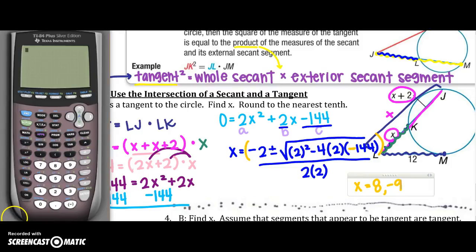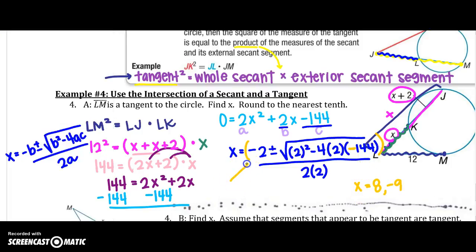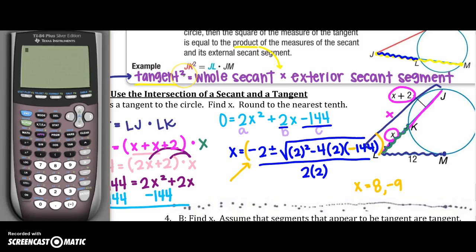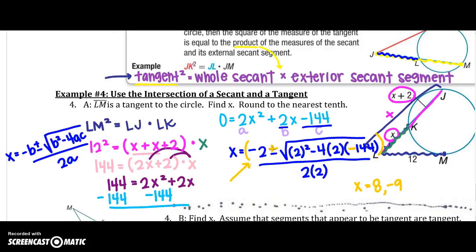Alright, so let's see how I got 8 and negative 9. So I'm just going to plug this into my calculator. So I'm going to say negative 2 plus, I'm going to do these separately, so I'm just going to use the plus right now.